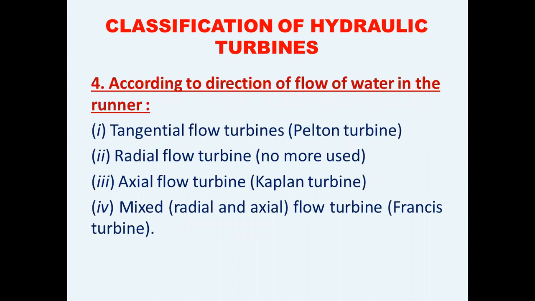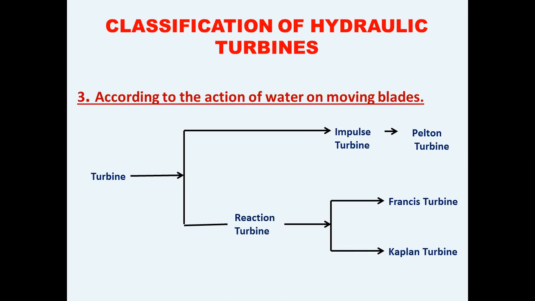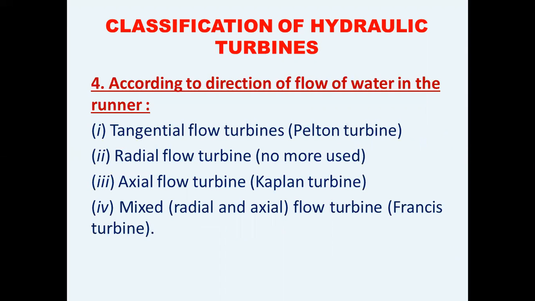Now this third point, that is according to the action of water on moving blades, and fourth according to the direction of flow of water in the runner. They are one and the same thing. Under the classification according to direction of flow of water in the runner, you have tangential flow turbine.